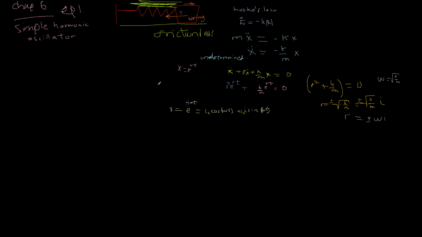Since x is a real number, it is equal to its own conjugate. As a result, this implies that x is equal to c1, c2 conjugate, of cosine omega t plus sine omega t, and our i.